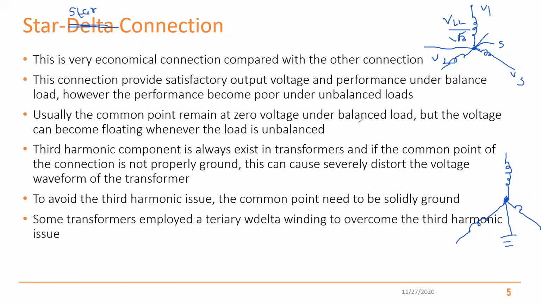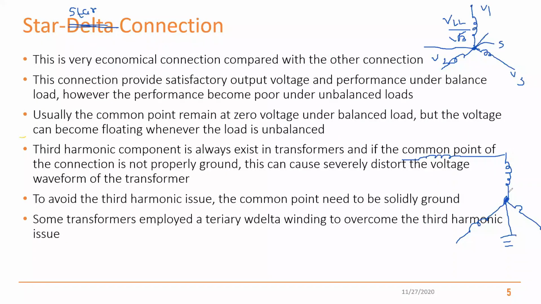Whenever the third harmonic presence is high, with a non-grounded connection, that means if this common point is not grounded properly, there is no place for the third harmonic currents and voltages to flow. We expect to have a very good sinusoidal EMF variation in the transformer.